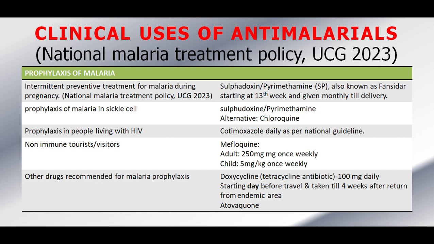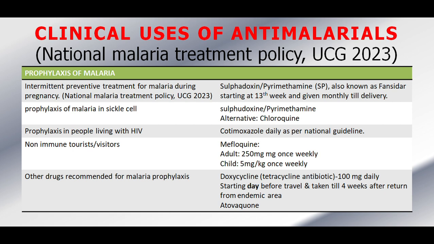Then we have prophylaxis of malaria in sickle cell. Still, we can use sulfadoxine and pyrimethamine, which is Fansidar, or the other alternative, which is actually first line, chloroquine. Then prophylaxis of malaria in people living with HIV.